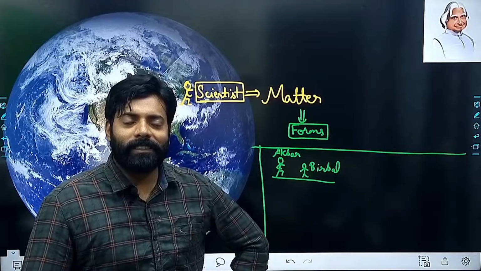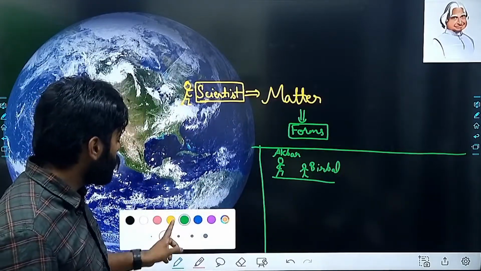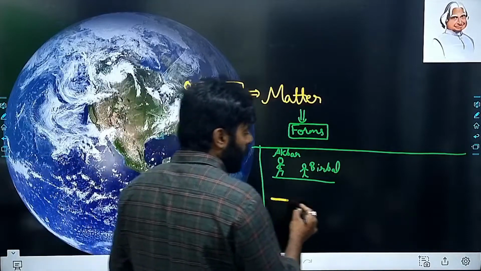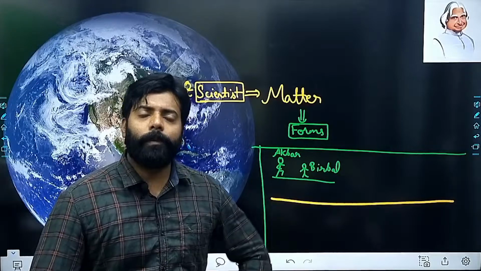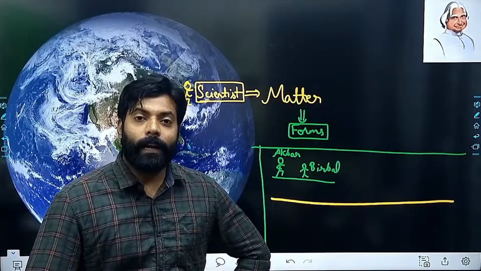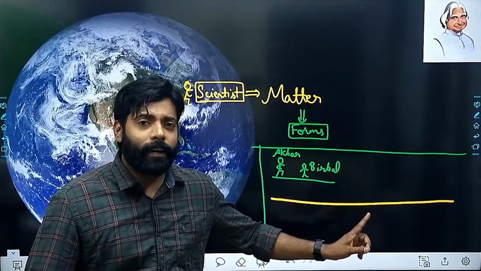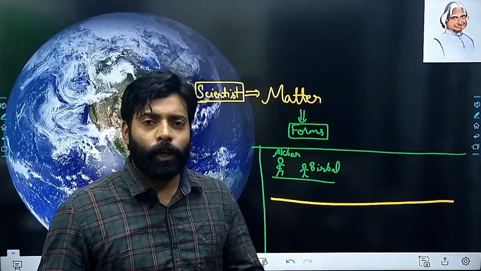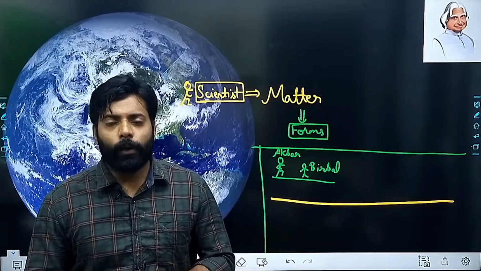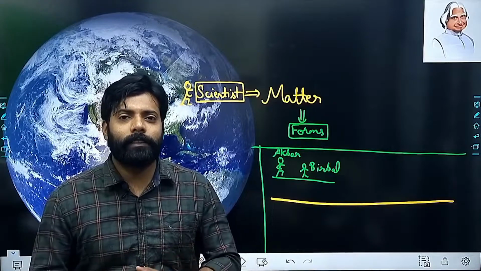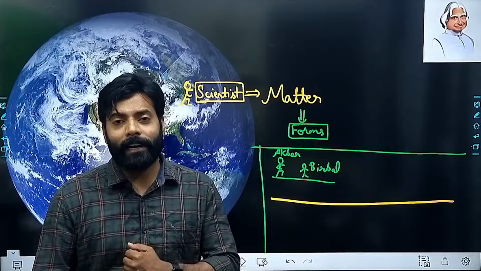Akbar drew one very big line in front of Birbal, and he gave Birbal a challenge. He told Birbal, Birbal, can you shorten this line without touching it, without doing anything to this line? I know that many of you might know the answer. What did Birbal do at that time?